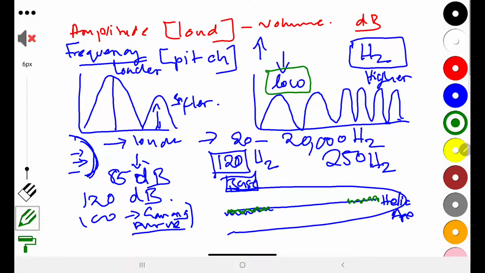So this is like a reverse keyboard, if I may say, because this is high and then that is low. So again, high frequencies stimulate the base of the basilar membrane, while the lower ones stimulate the apex.